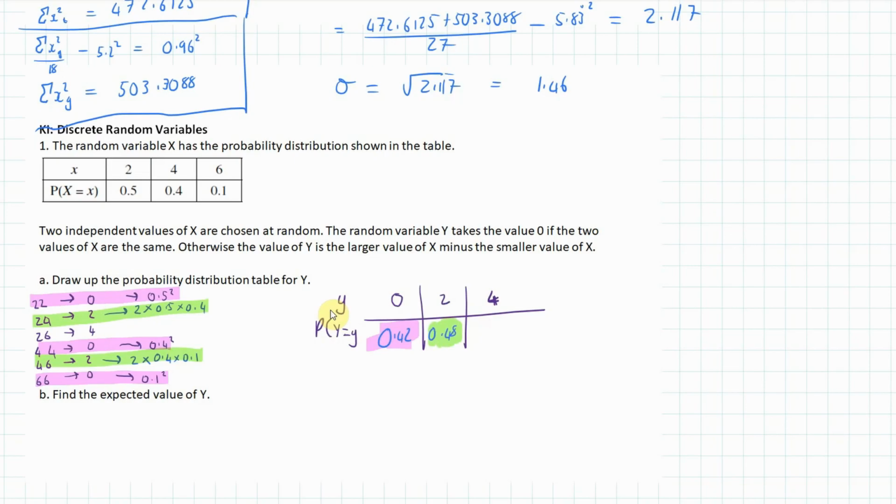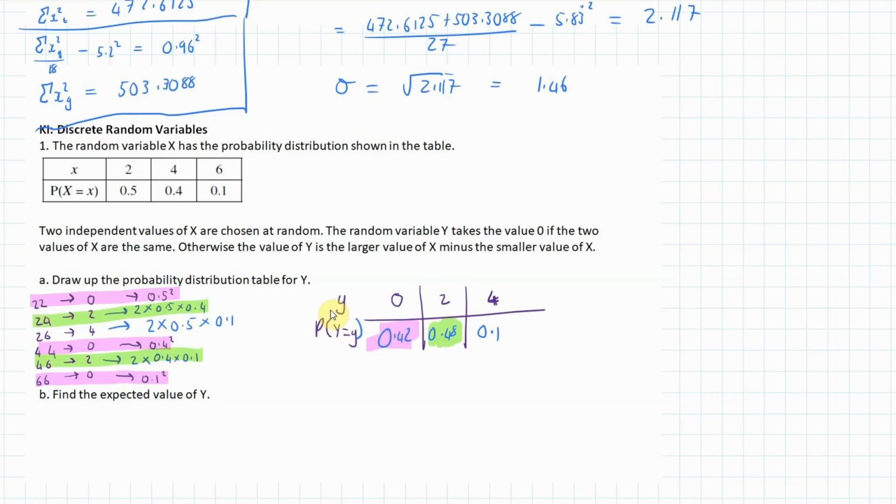Now the last one here, there's two ways of getting a 2 then a 6. It's 0.5 for the 2 and 0.1 for the 6. So we get 2 times 0.5 times 0.1, and this is giving me 1/10 or 0.1. And you can see that they will add up to 1 probability, which is what we want.